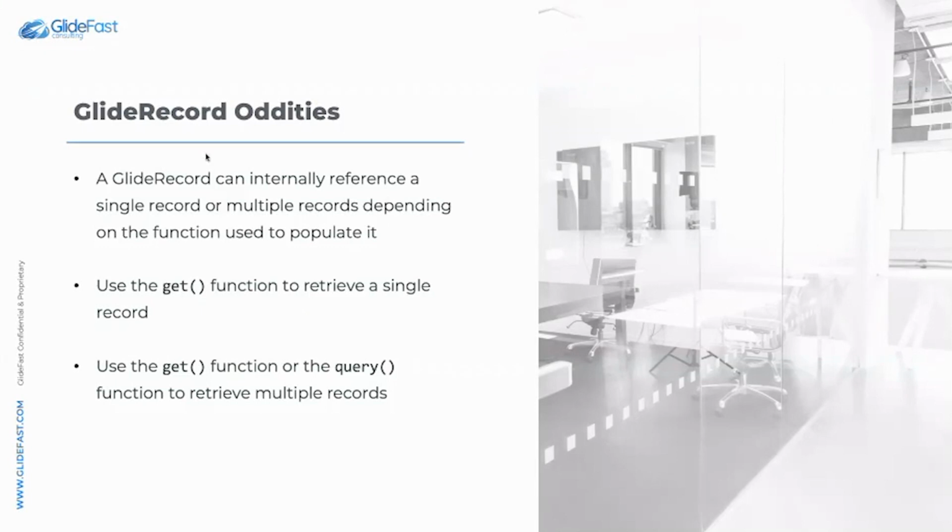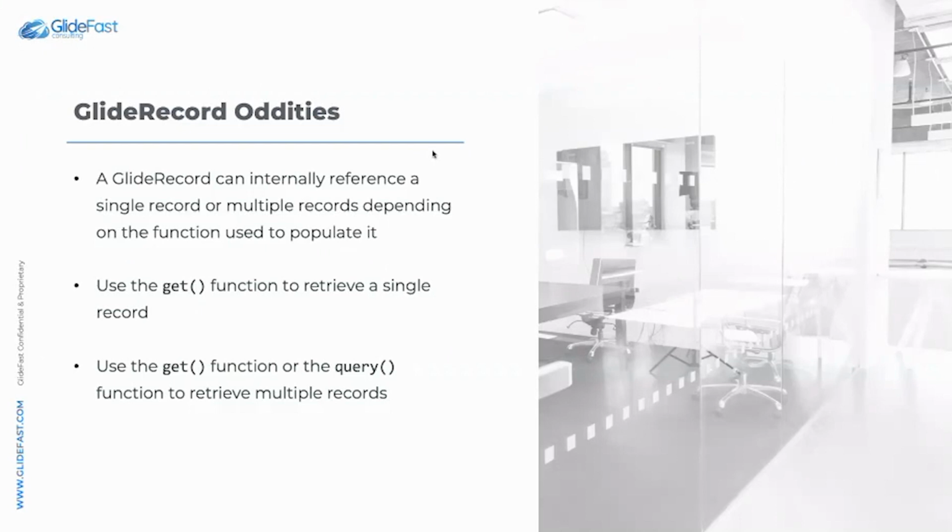The documentation for get tells us that if you pass in a sysid, and the system recognizes it as a sysid, it's going to go out and get that one record. What I found through working with get, I typically don't use it any way other than just to pass a sysid. If I have a query, I'll use query because again, it's more concise.